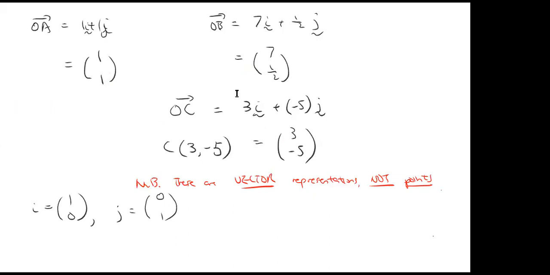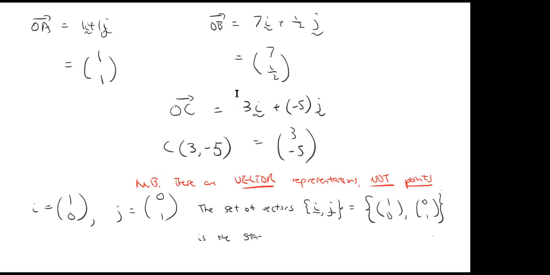And then what we will say is that the set of vectors I, J, which represents this, I'm just replacing them with that, is the standard basis for the 2D XY coordinate system.